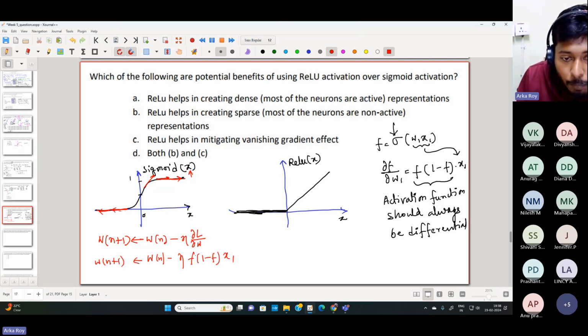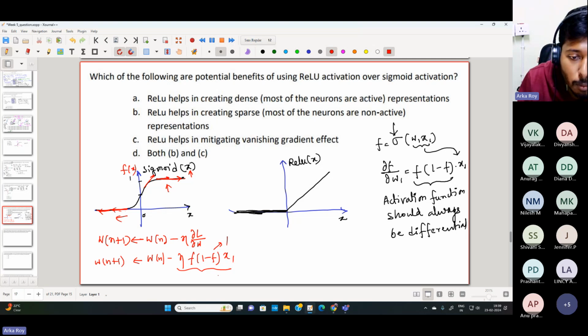Now, if you increase the value of X, for this part the F value will reach 1. So 1 minus 1 will be 0. That means this whole term will vanish. That means the gradient vanishes.